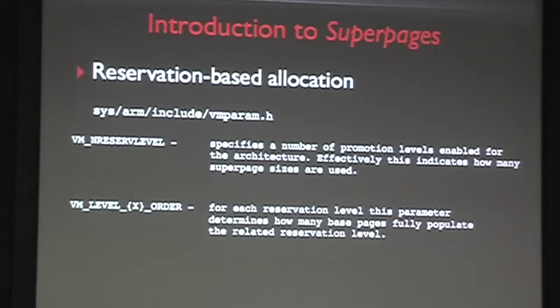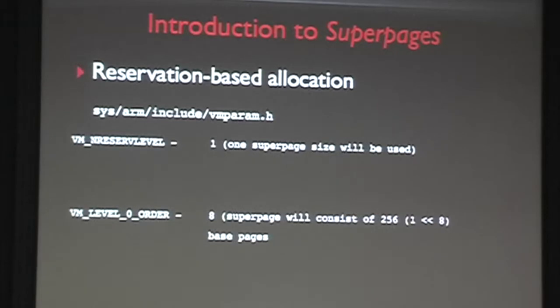And the second definition provides the information on how many pages from the previous level of reservation will create a superpage in this level of reservation. So in our case, we have only one reservation level, and our superpage will consist of 256 base pages from the previous level, so the level 0 order will be 8.